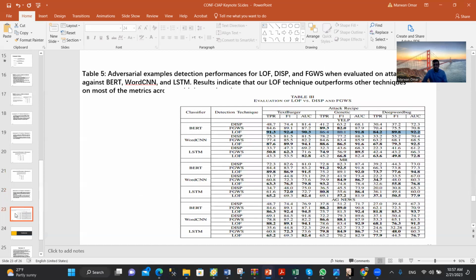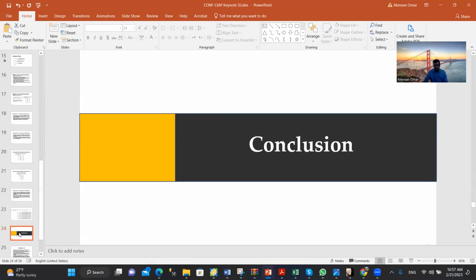Here are detailed results as we compare it to DISP and FGWS. DISP and FGWS are two techniques from the literature, and we use them as baselines. And we can see that LOF outperforms both alternative methods across different data sets.